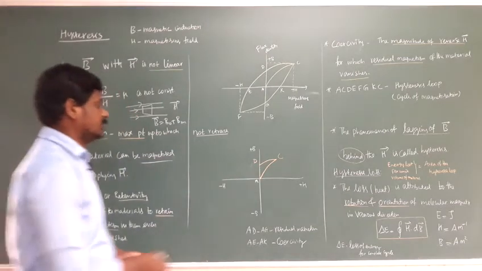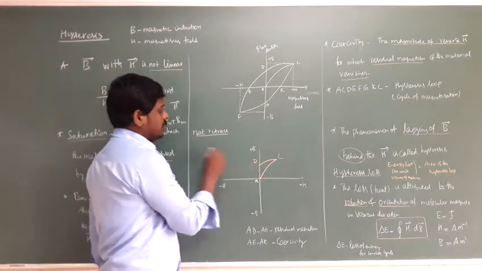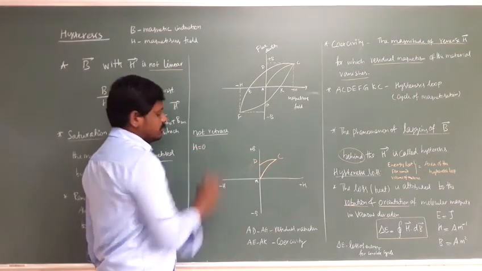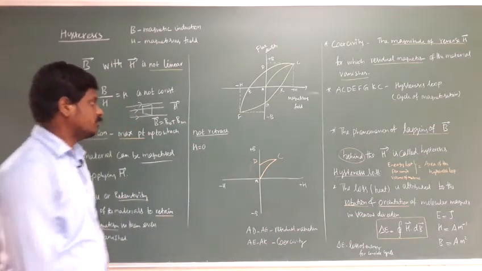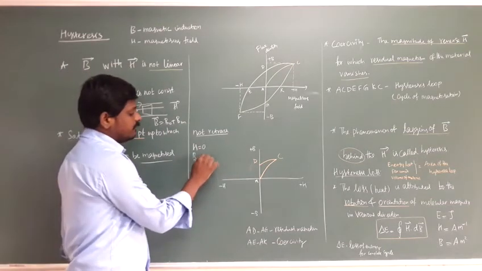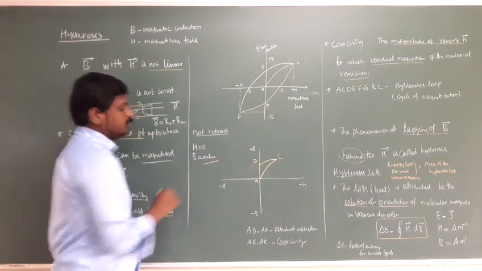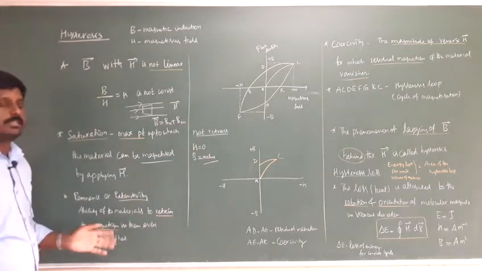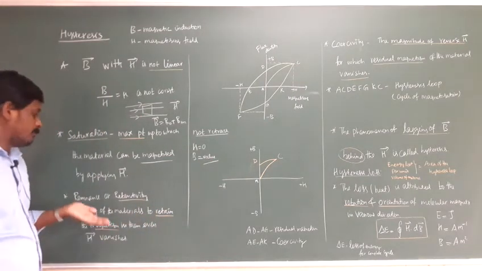See here, at the point D, H is equal to 0, that is the magnetizing field is 0, but B has some value. That value is the remnant or residual magnetism.